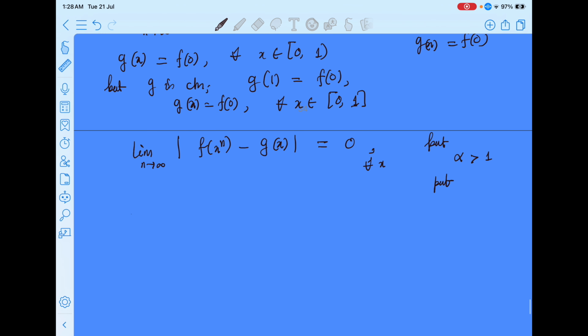So the point is that if you put a sequence x_n instead of x, the limit of f(x_n)^n - g(x_n) is also 0, by uniform convergence. Just pick the highest n, because it does not depend on what x you are choosing.